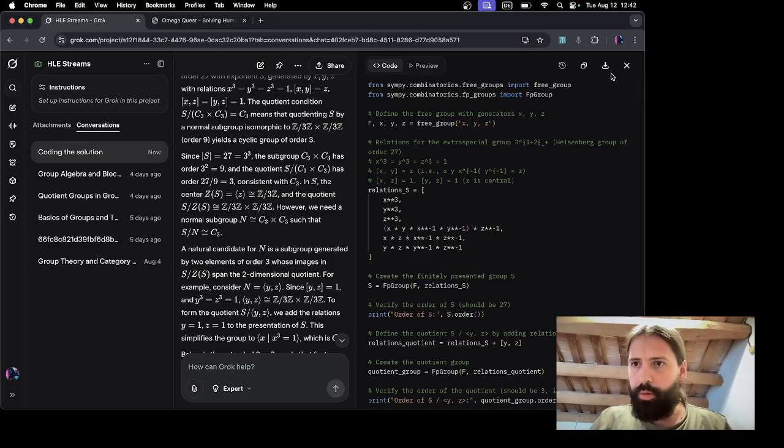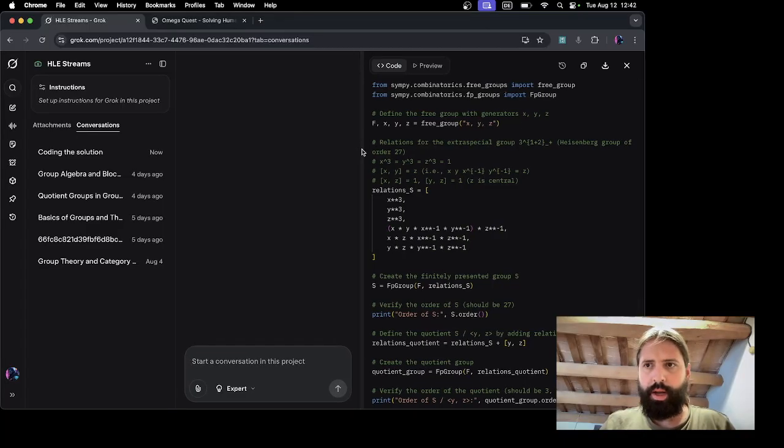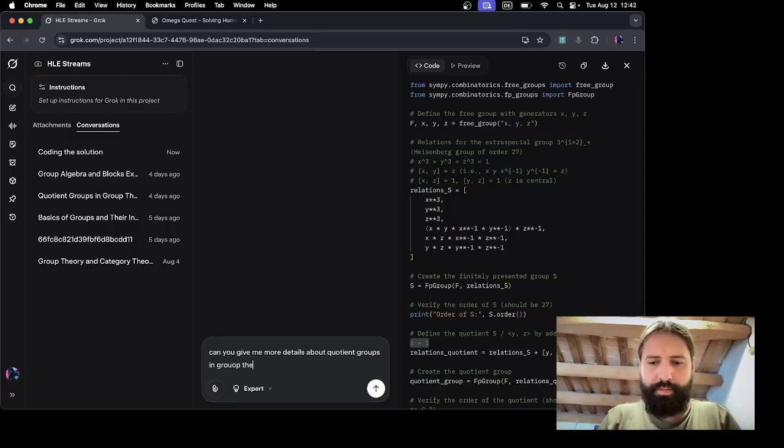If I open a new question here, okay, so can you refresh, can you give me more details about quotient groups in group theory?